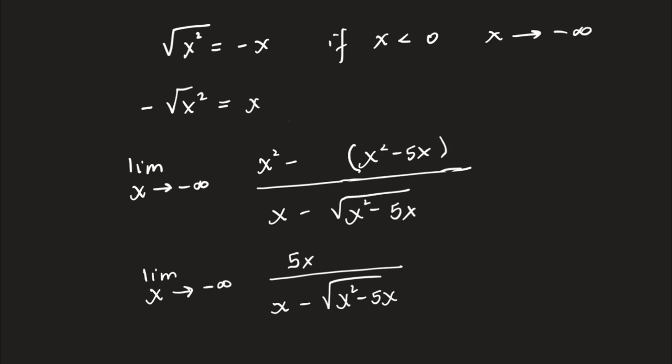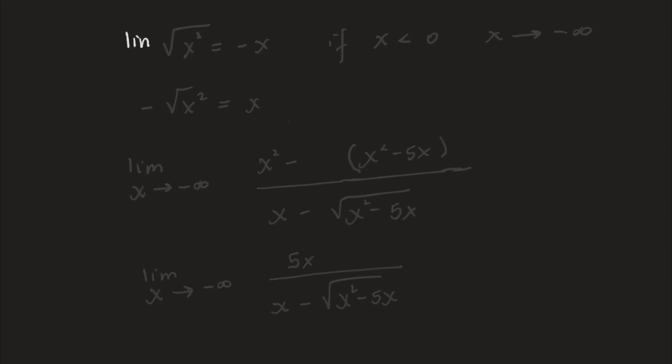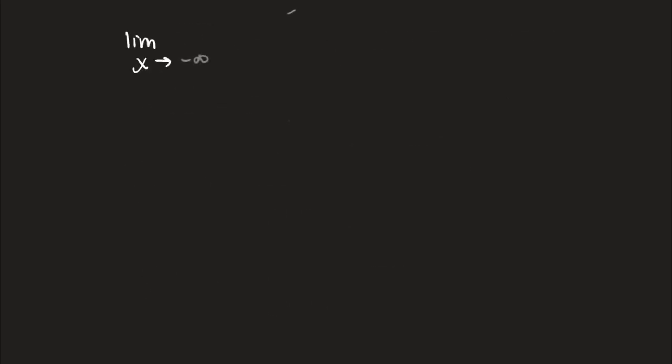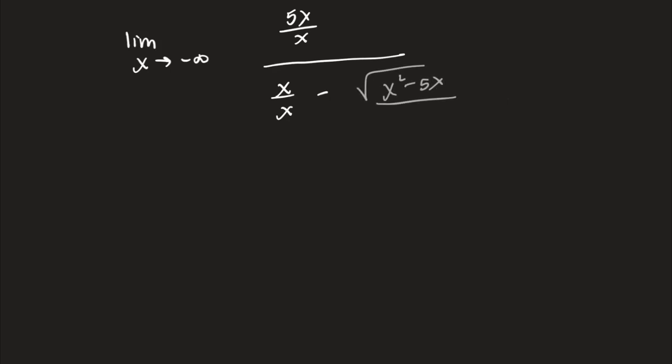And now I'm going to divide top and bottom by the highest power in the denominator, and the highest power in the denominator is x. So I'm going to have the limit as x approaches minus infinity of 5x over x all over x minus the square root of x squared minus 5x over x.